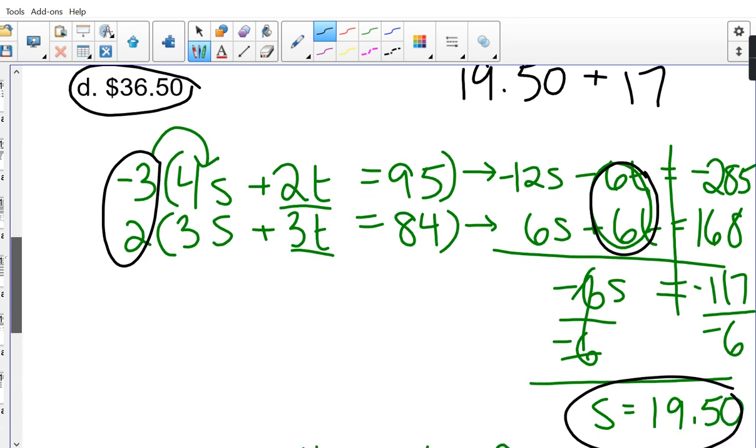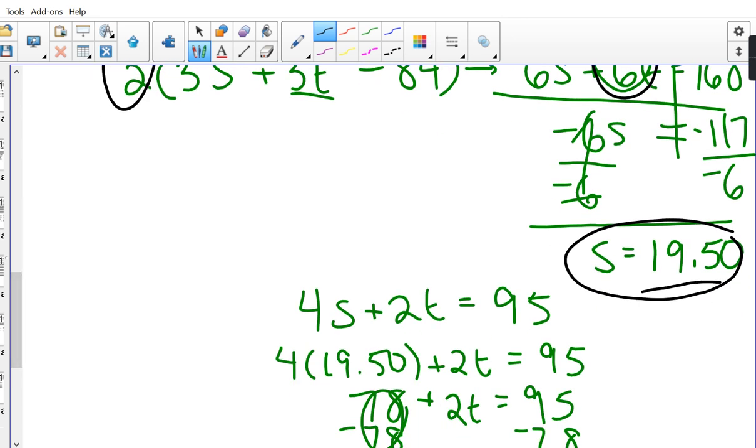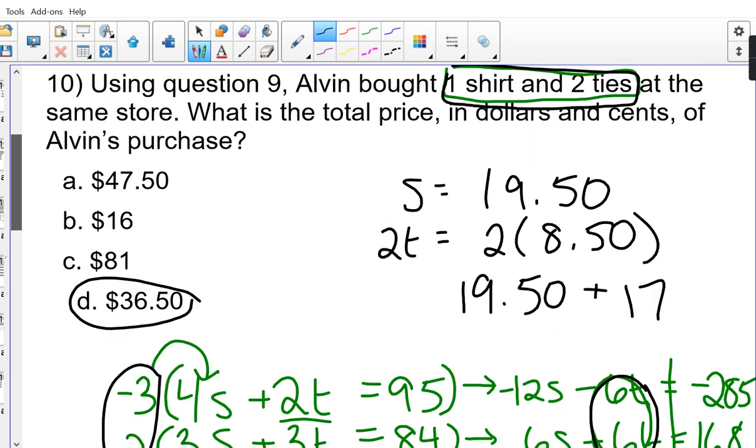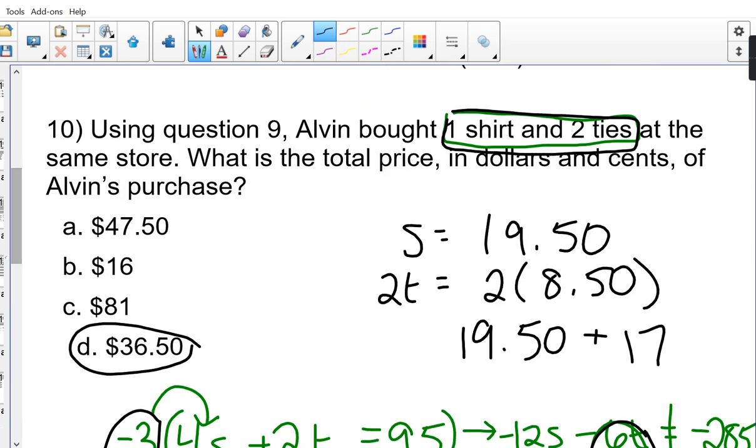This way we were able to solve for s and got 19.50. Then we took that 19.50 and substituted it into an equation in order to solve for t, and we got 8.50. Then we went back to the question with those prices, 19.50 and 8.50, and figured out the cost of a shirt and the cost of two ties, added up together, and we got 36.50 for the total.